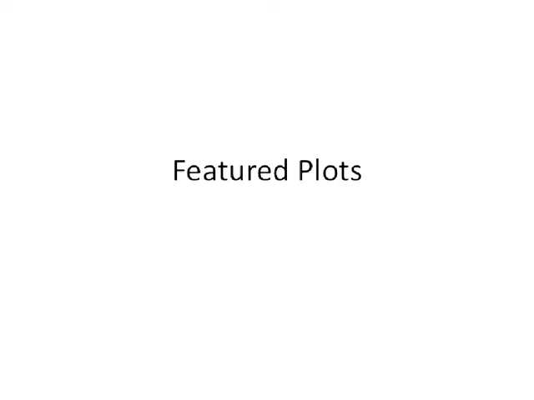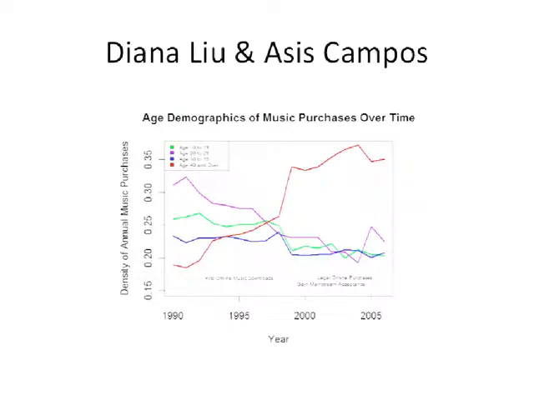visualizations of your data. So here's the first plot, which I think someone took a screenshot and it was too blurry, but this is about music and who purchases music. You can sort of see that this is one of those jiggle the baseline problems where it's really hard to tell what's happened over time. And this is what Diana and Assis did. Instead of stacking it, they looked at each of them separately.